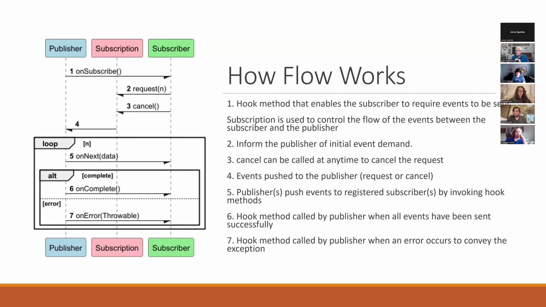So now the subscriber says, okay, I now have someone that I can ask questions of, right? I can say, I want these events. It's going to send out a request for a number of events. And that is a one-way communication. It's asynchronous, non-blocking. So I'm going to say request a number of events, right? This is critical that it's non-blocking, right?